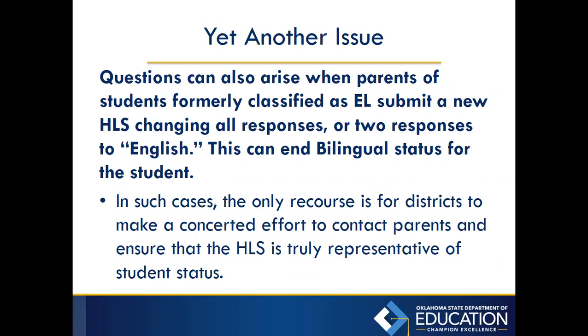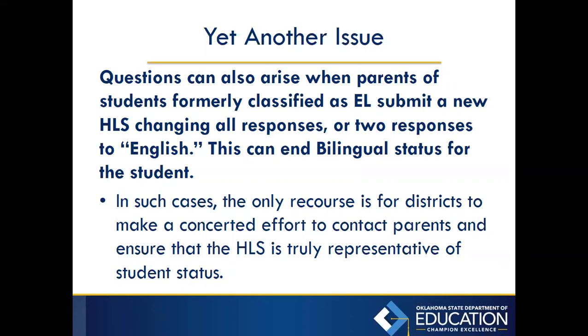Okay, again, just along the same lines, when parents of students formerly classified as English learners submit a new home language survey, changing all responses or 2 of the responses to English, okay, we mentioned that the result of that on EL status is null. This will change their bilingual status because the bilingual status is determined by the home language survey.